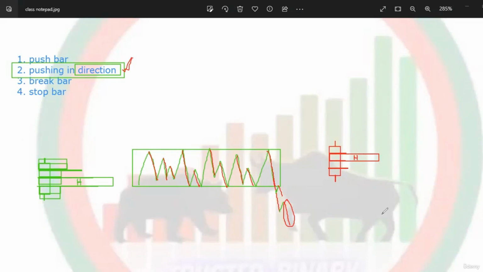Pushing in direction means the market has already fixed its direction, that we are strong, we are falling down, or we are going up. And in the case of an uptrend market, suppose from here sellers tried again, but failed. Buyers entered again, and volume is high at the second part.